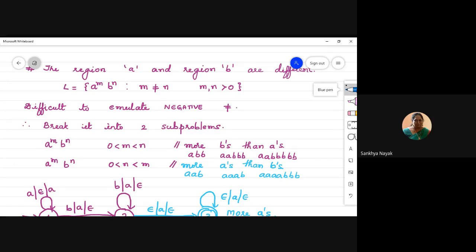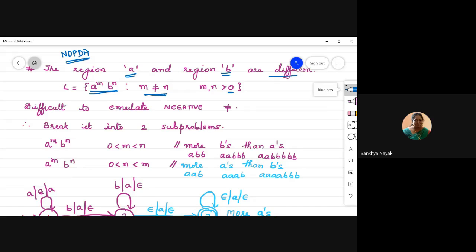So yesterday we started with the problem of designing a non-deterministic PDA to see its strength. The question we had taken was that the number of A's and B's are different, which can be shown as A power M, B power N, where M is not equal to N, and they cannot be 0, so both have to be greater than 0.